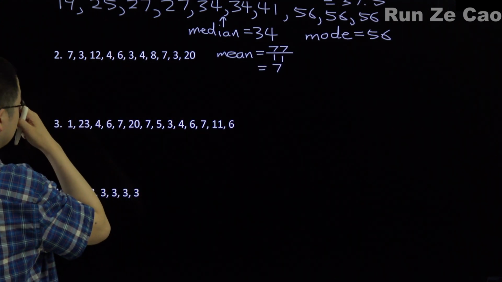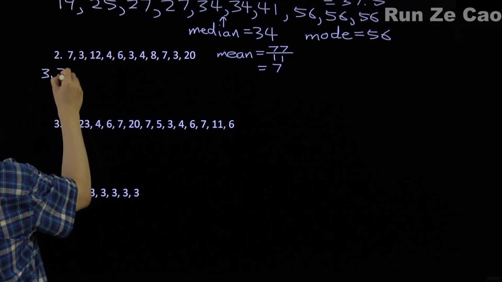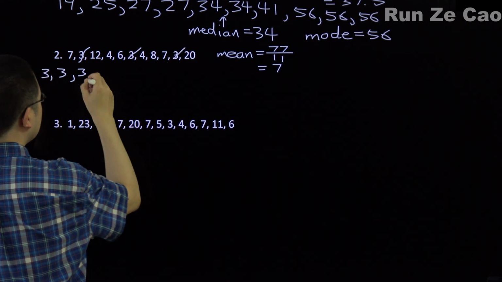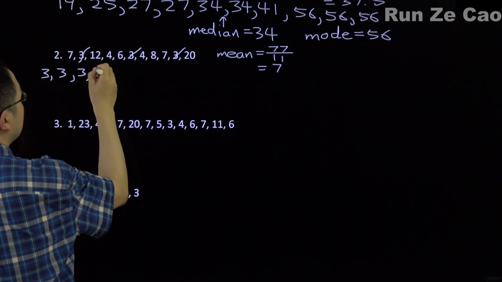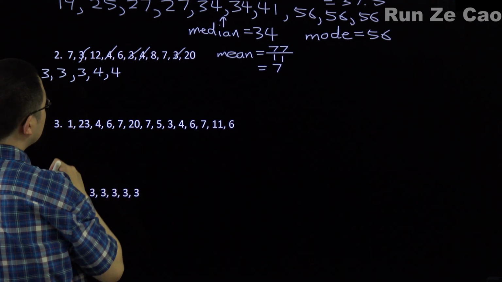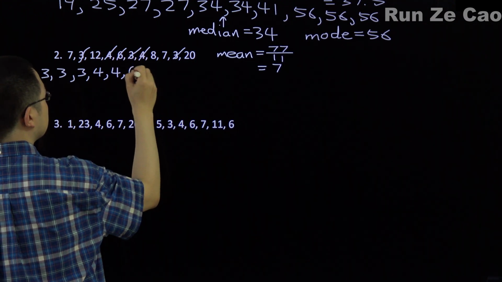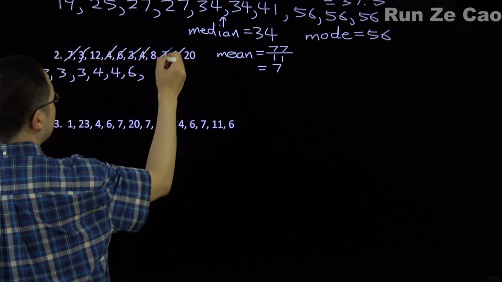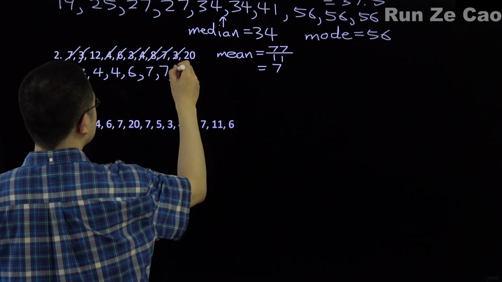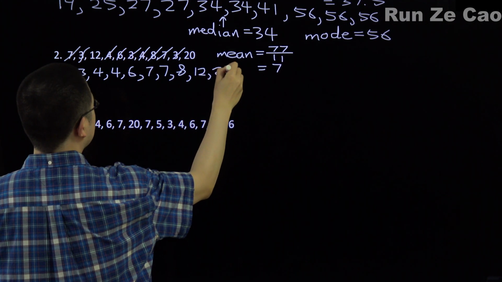Now, if we rewrite this in order from least to greatest, it's going to be 3, 3, 3, 3, 3, and then 4 and 4. 5, there are no 5s, 6. And 7 and 7, 7, 8, 12, 20.